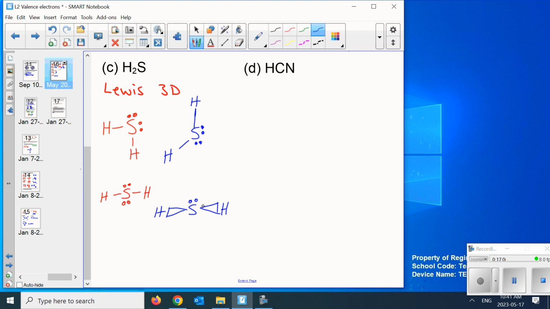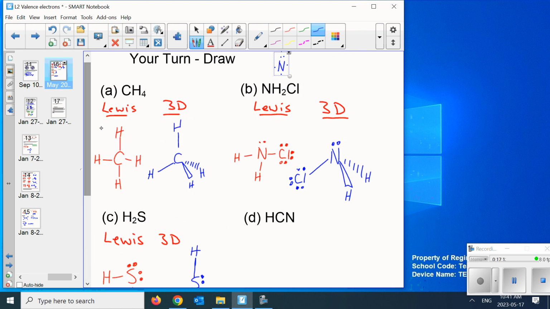If you wanted to, this is an equivalent structure, because watch me twist my model. This is the way I'm drawing. You could draw it with 2 going in. You could have the H's ups and downs. You could have chosen to draw the H's in this position.